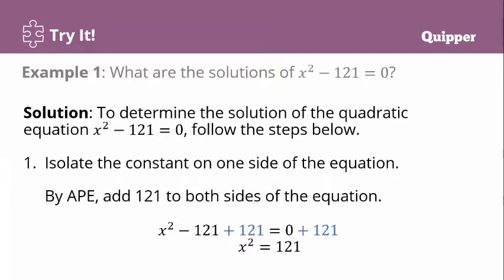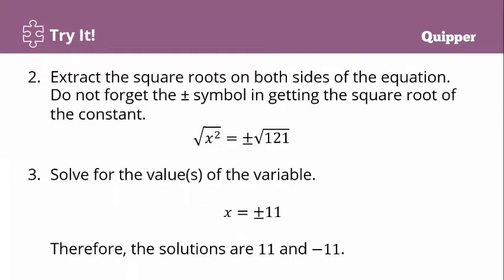From the given x² minus 121 equals 0, we now get x² minus 121 plus 121 equals 0 plus 121. We then get x² equals 121. Step 2. Extract the square roots on both sides of the equation.